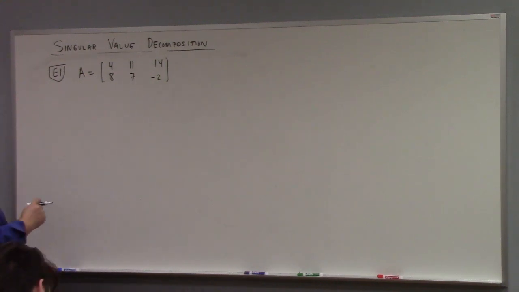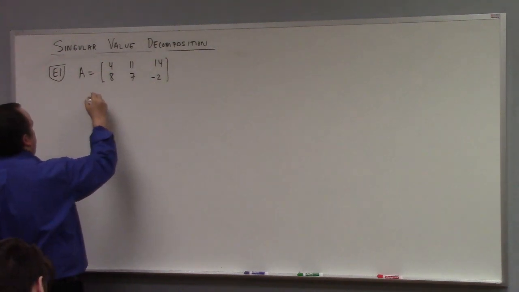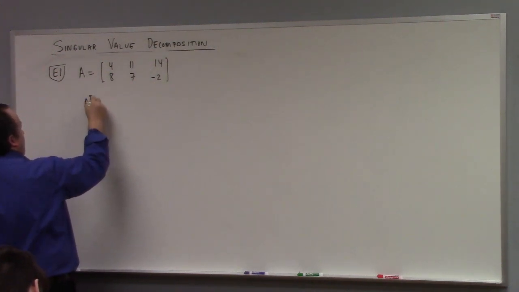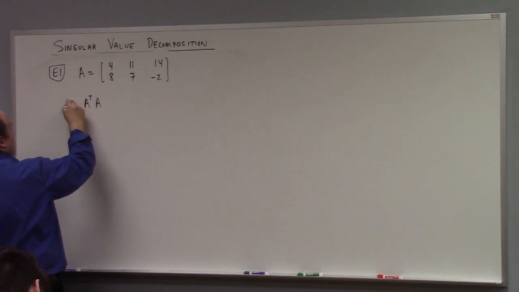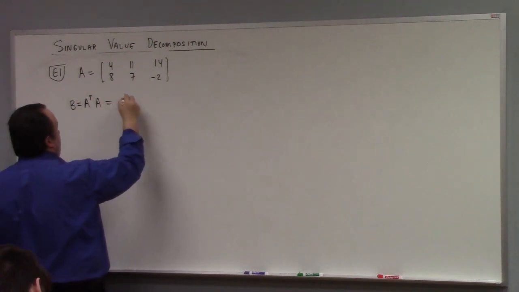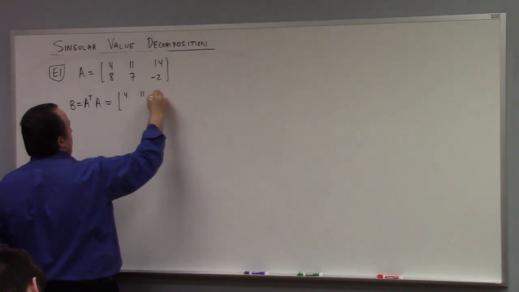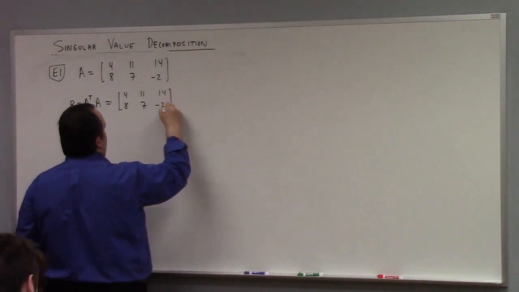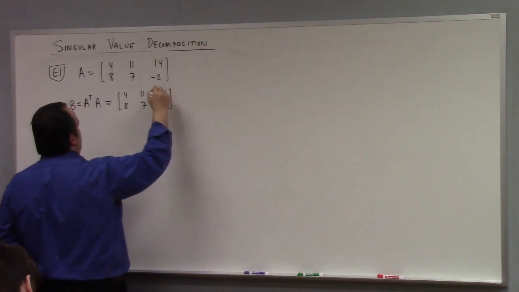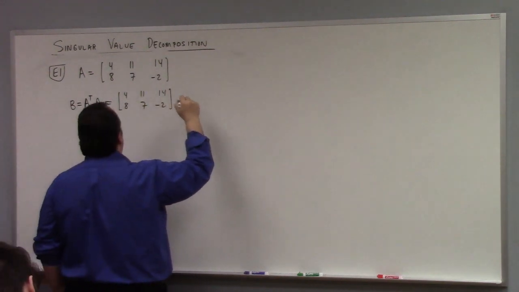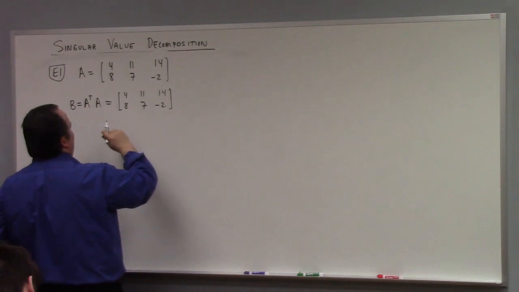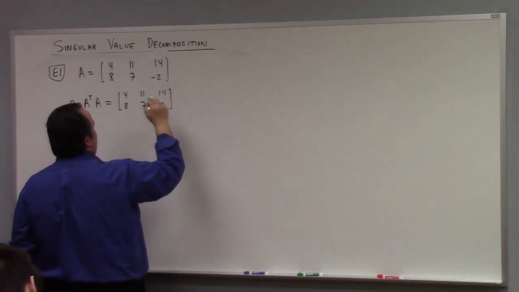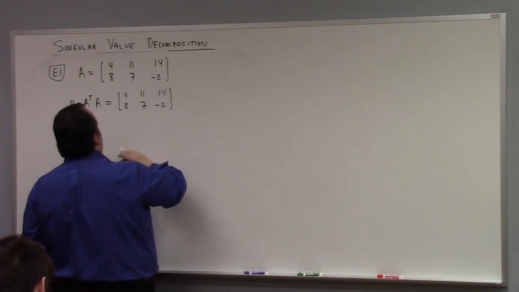All right, so first order of business, we need to calculate A transpose A, which I'm going to call D. What is that? Oops. I don't know how to transpose, apparently. Well, fine.